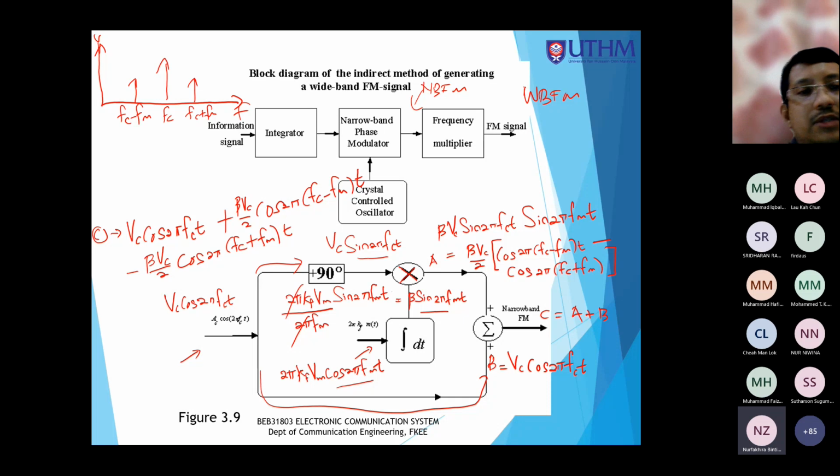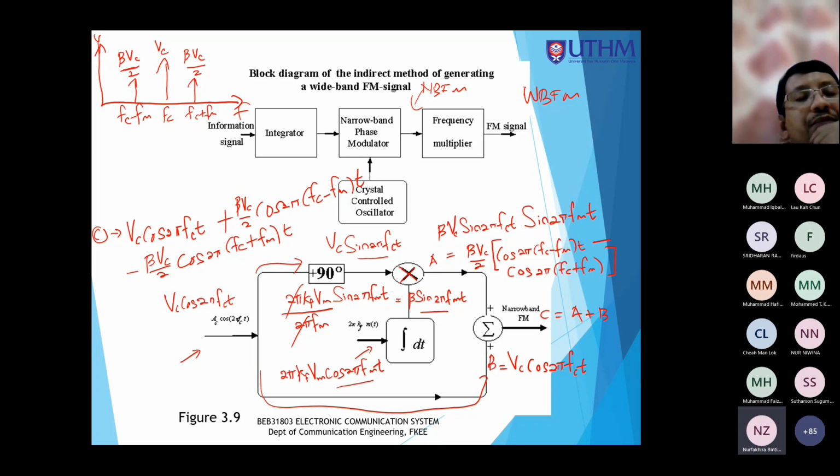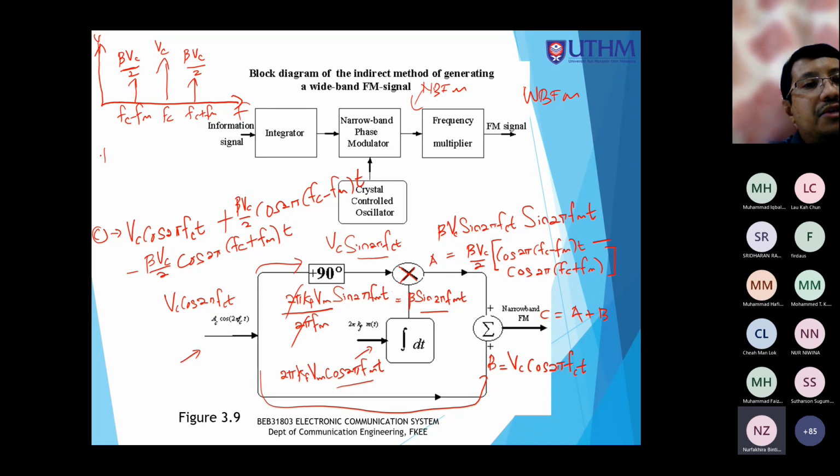The amplitude would be VC for the carrier, and for the sidebands it is beta VC over 2. From the frequency spectrum, I can determine the bandwidth. So the bandwidth would be equal to FM plus FM, which is 2FM.